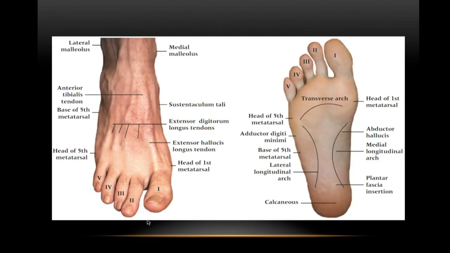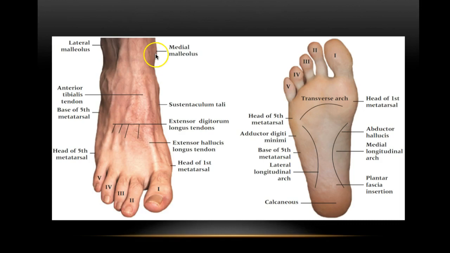This picture here I like because it shows you the anatomy the way you're going to be looking at it when you're assessing an athlete. So it's good to recognize all these structures on a person's ankle, because you're not going to have a figure in front of you when you're assessing someone.